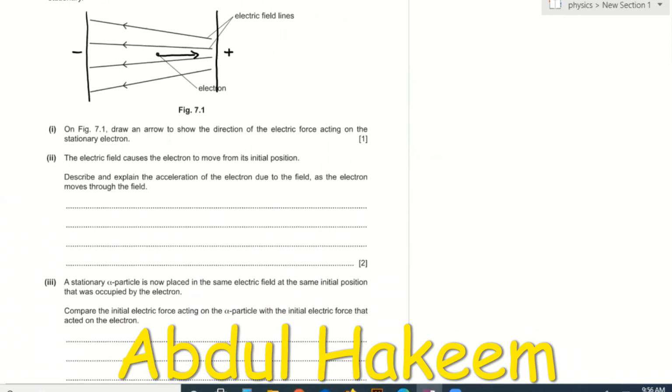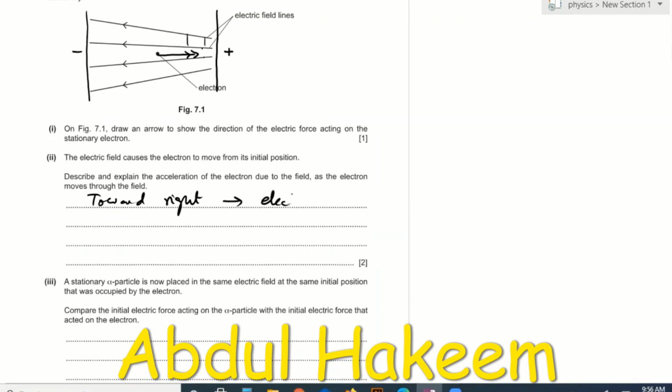The electric field causes the electron to move from its initial position. Describe and explain the acceleration of the electron due to the field as shown. As the electron moves towards the right, the gap between the lines decreases, meaning the electric field strength increases.